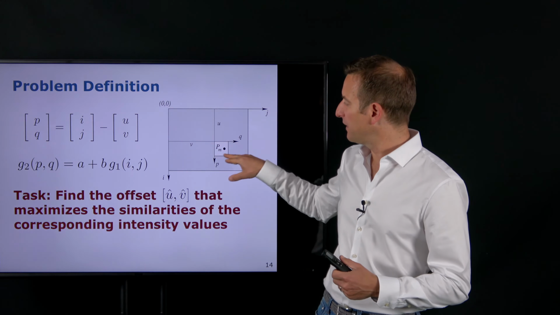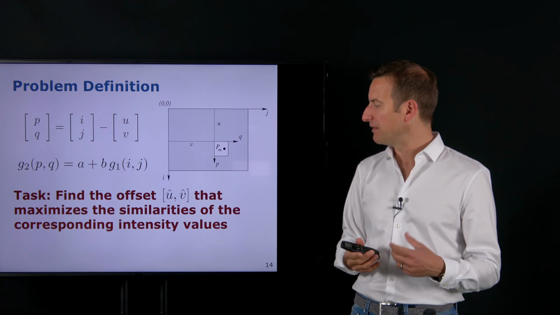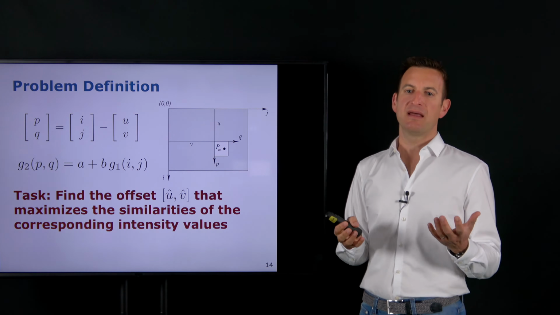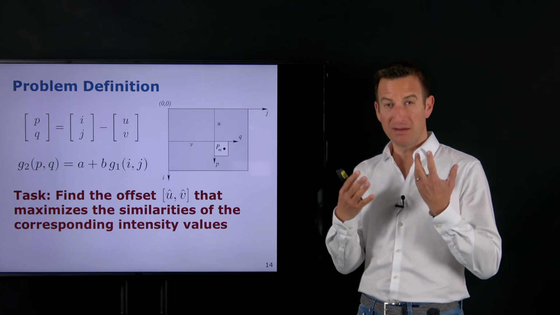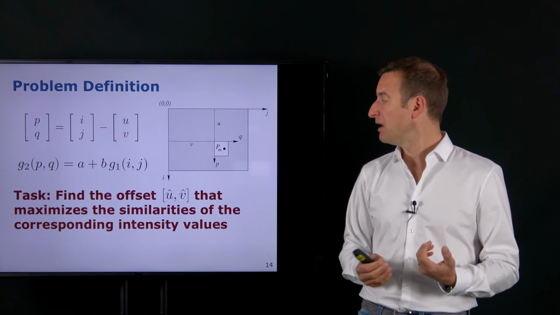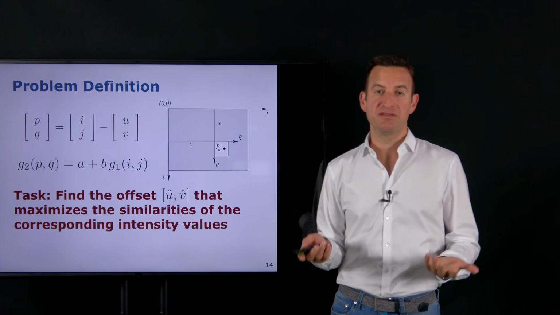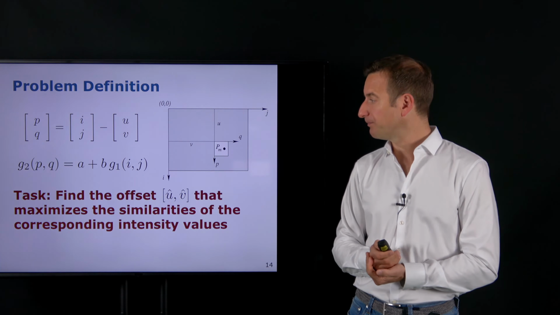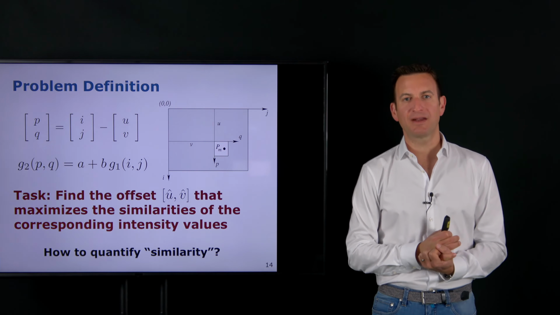If I compare that template with the overlapping area in the original image, then I want to maximize the similarity. It may not be an absolutely perfect match. There may be some noise involved, but I want to maximize the similarity or minimize the difference between both.